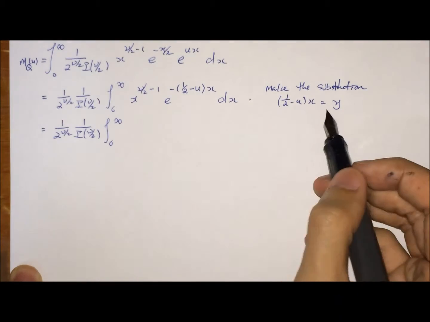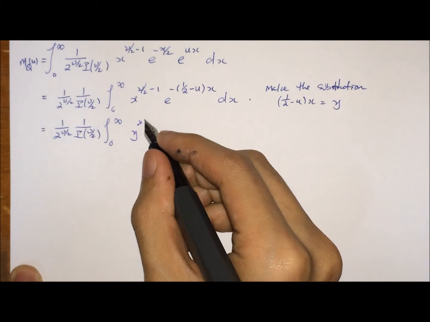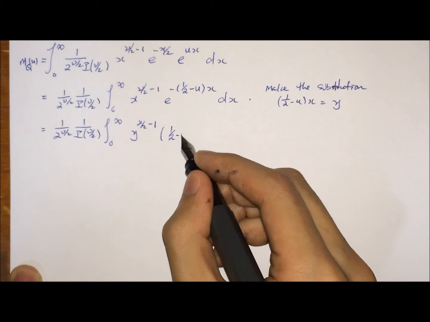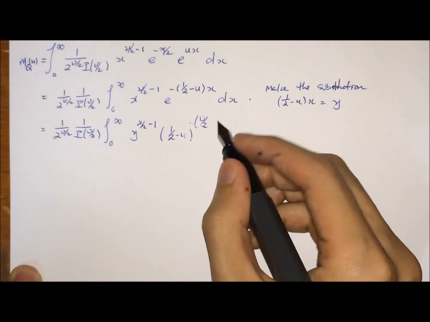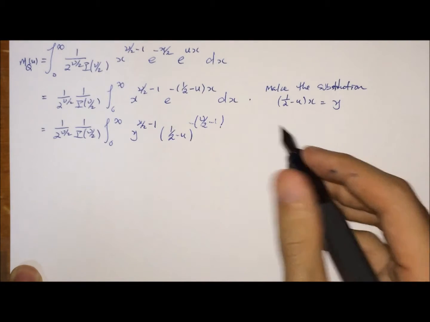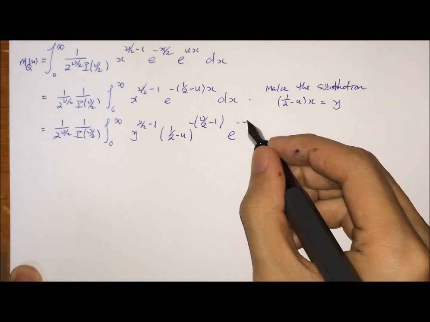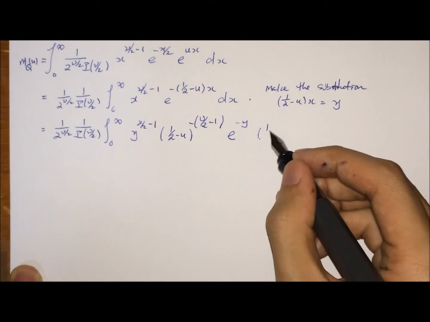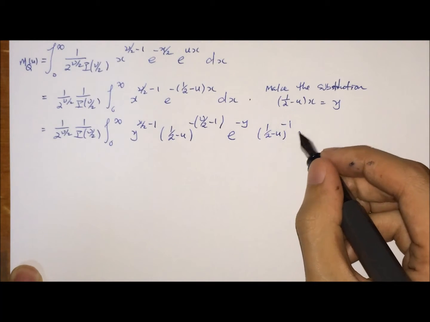You just replace x by a function of y. So this will be y^(nu/2 - 1), times (1/2 - u)^(-(nu/2 - 1)), and then for the exponential part, e^(-y). And dx is equal to (1/2 - u)^(-1) dy.